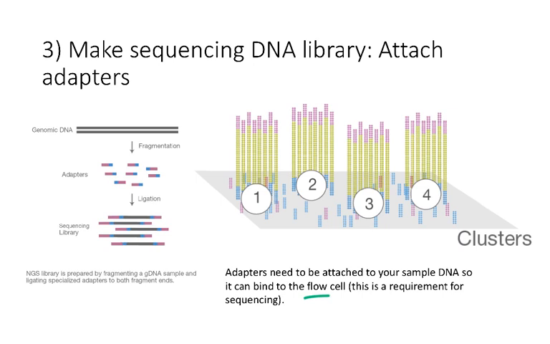This machine contains a flow cell, and your DNA samples have to attach to that flow cell by binding with complementary DNA sequences. So these adapters, again, are DNA sequences just like the indices we just talked about, but they're designed specifically to be complementary to the flow cell. By adding these adapters, we're ensuring that our samples are going to bind to that flow cell. Only things that are bound to the flow cell are going to be sequenced. So we have to do this step to make sure we're actually going to get sequence data from the samples we're preparing. The adapters ensure that the samples are going to bind to that flow cell.